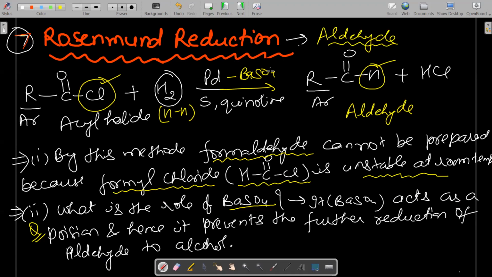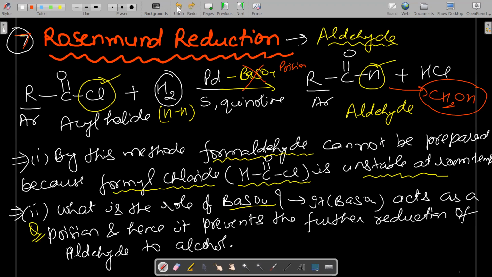If we add only palladium, if suppose we do not add barium sulfate, this aldehyde further reduces into what? Alcohol. CHO reduces into CH2OH. So to prevent the further reduction of aldehyde to alcohol, we add BaSO4. So BaSO4 is actually added as what? Poisoning catalyst. Right? This is clear to all of you?